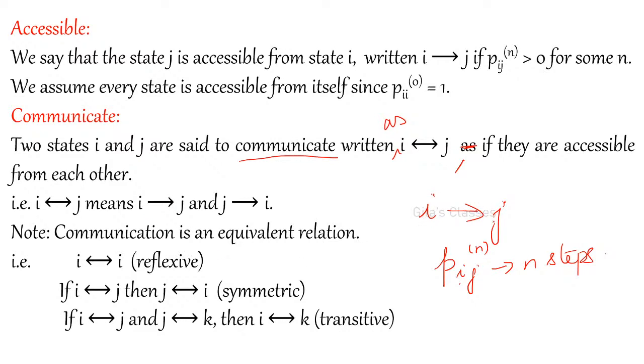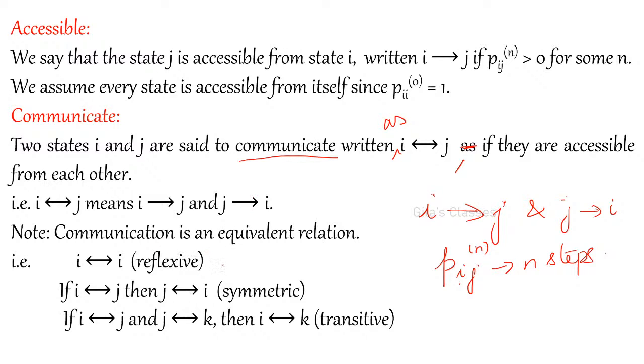That means you should be able to go from I to J and J to I also. You should have a path from I to J and J to I. This is the meaning.